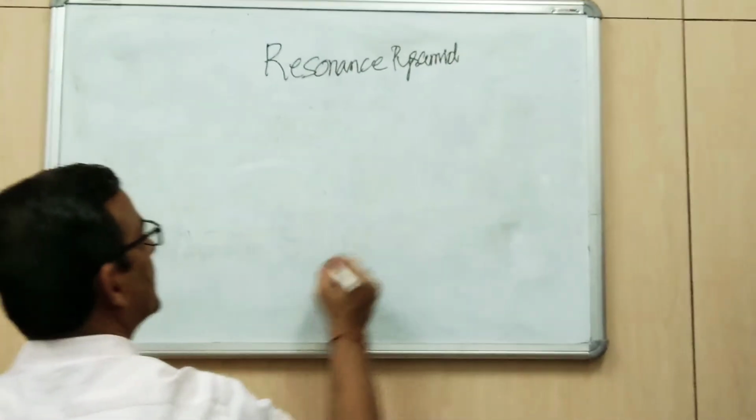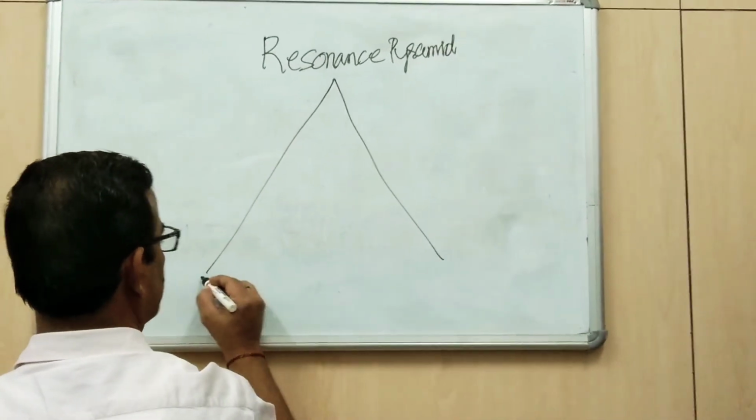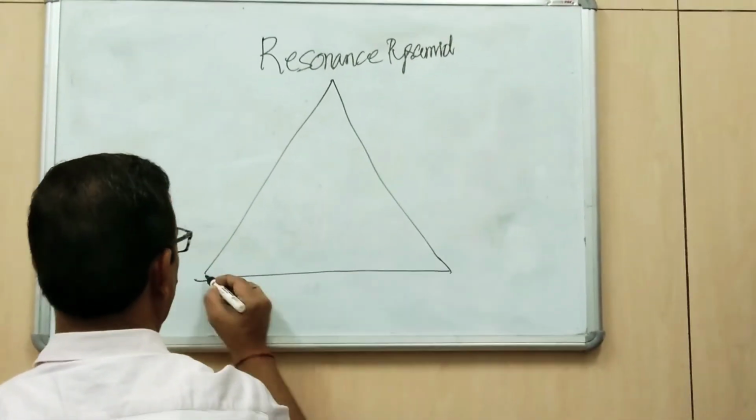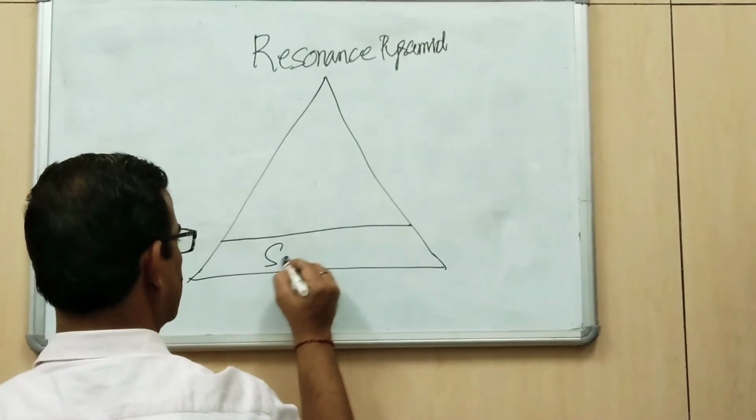In his resonance pyramid, he proposes 5 ladders.